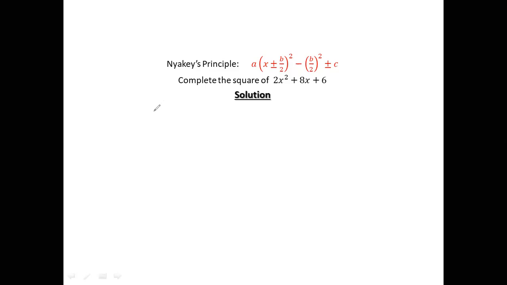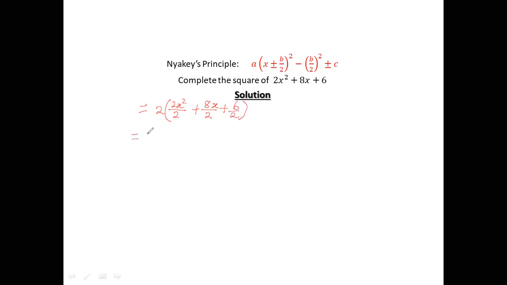We need to take it out as a common factor. Then, when taking it out as a common factor, I think I should write it in a simple way so that everyone can understand. So I'll write x squared all over 2. Then 8x all over 2. Then 6 over 2.